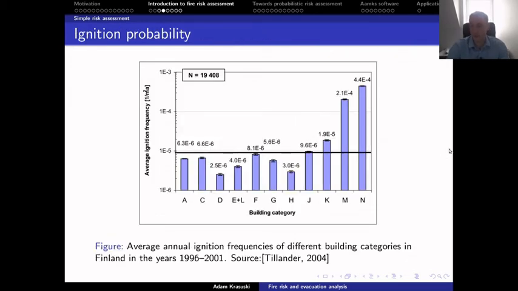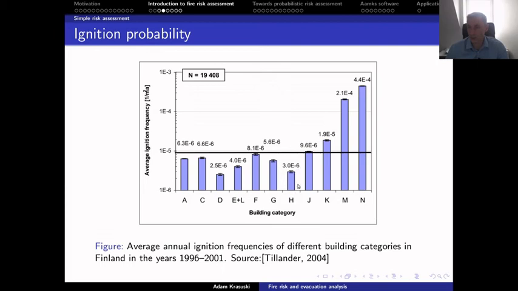The probability of fire ignition we can take from the statistics. Here we have the statistics for Finland. This is the PhD thesis of Kati Tilander, also published in the form of an article. In this case, we have the educational building, and this is the age category.